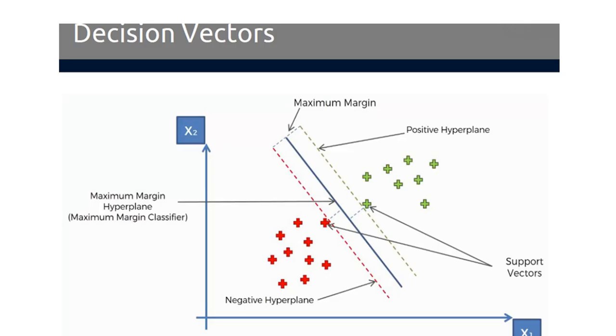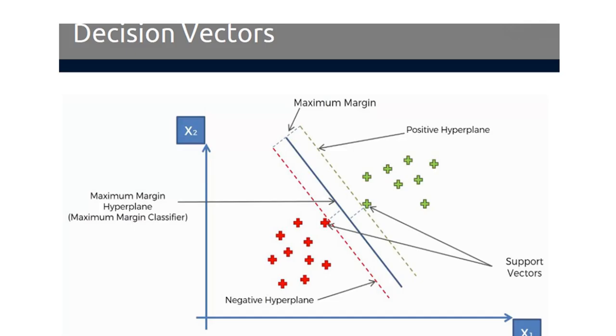So these borderline players are similar to the support vectors in SVM. They are extremely important because they help determine the position of the optimal decision boundary. That's why they are called support vectors.